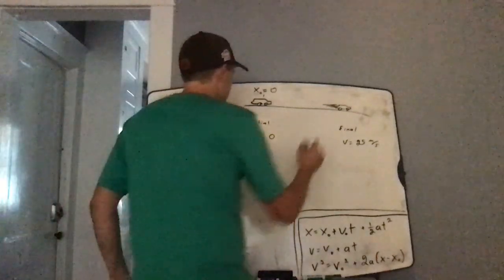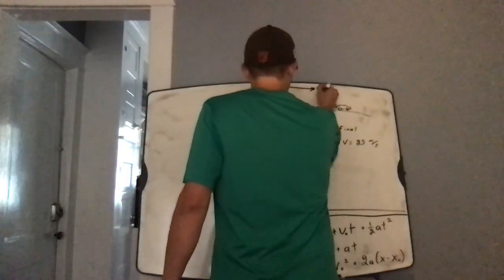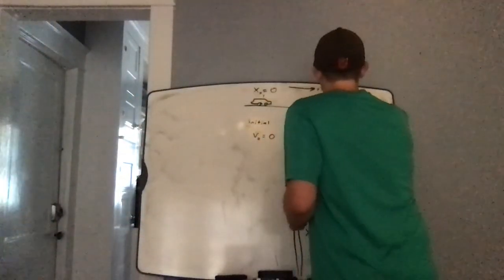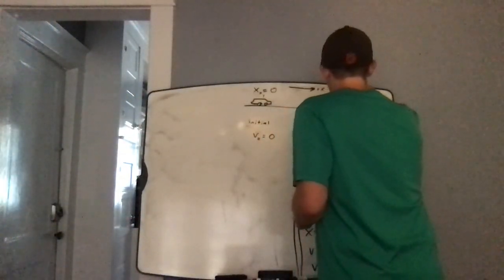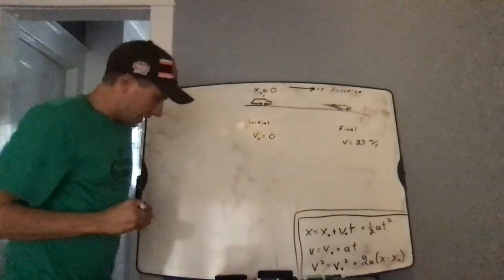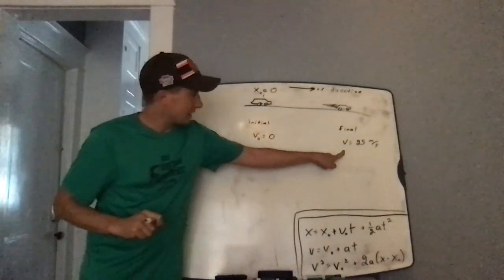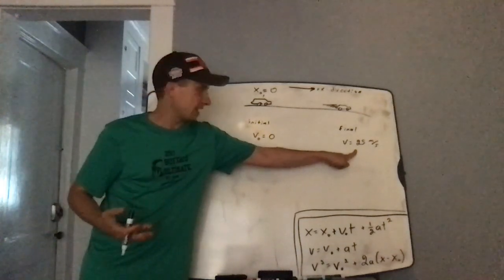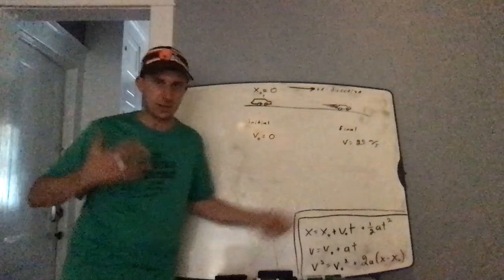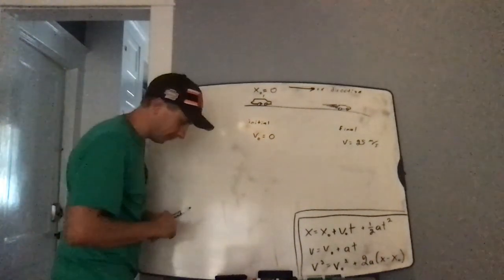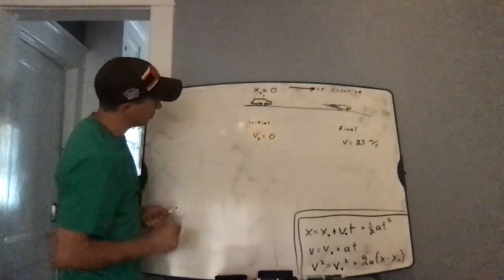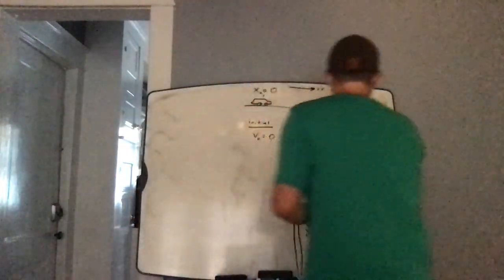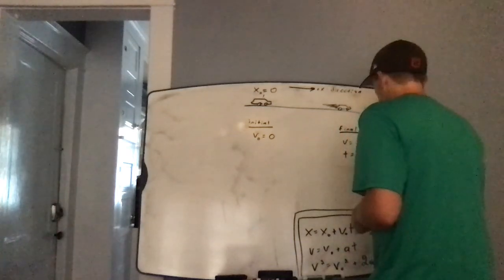And then the x-axis is going to point this way. So here's the positive x direction. At this point, the car is moving in the positive x direction at 25 meters per second, so the final velocity is going to be positive 25 meters per second. We are told also that this occurs 5 seconds later, so that means t is equal to 5 seconds.